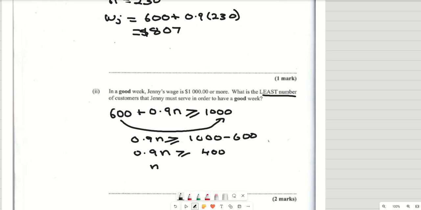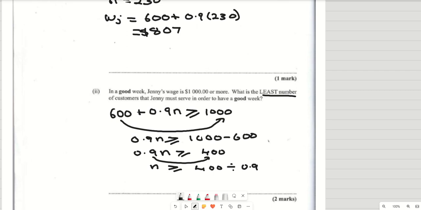So n, you're going to carry across 0.9, will be more than or equal to 400 divided by 0.9. The relationship between 0.9 and n is multiplication, and if you carry across 0.9 over the equal sign, the opposite of multiplied by 0.9 would be divide. So that's how I got divided by.